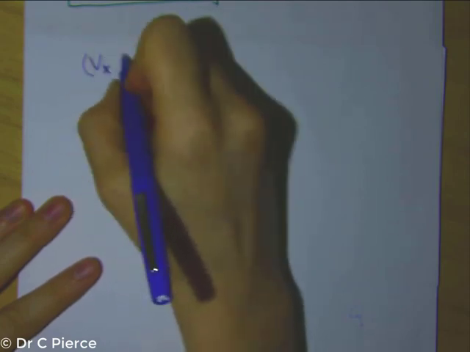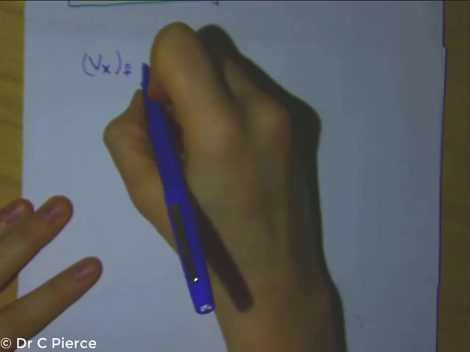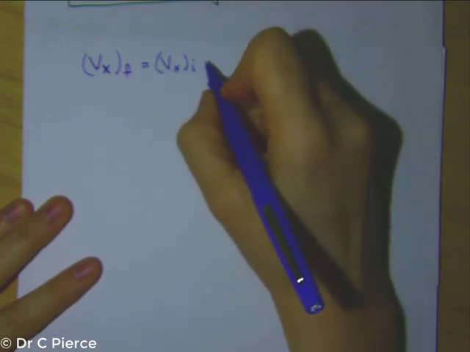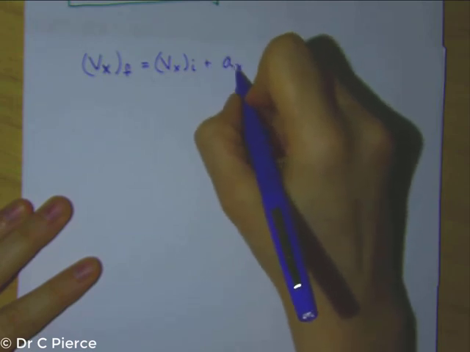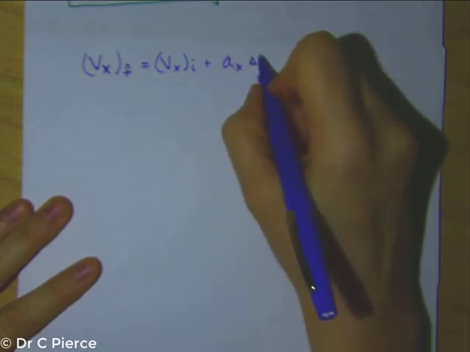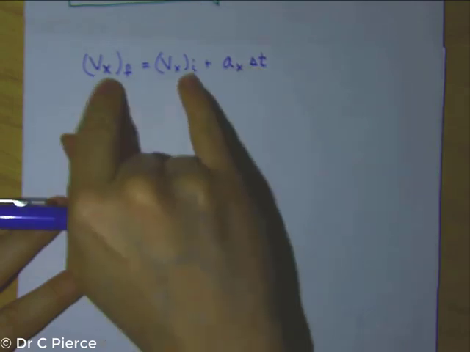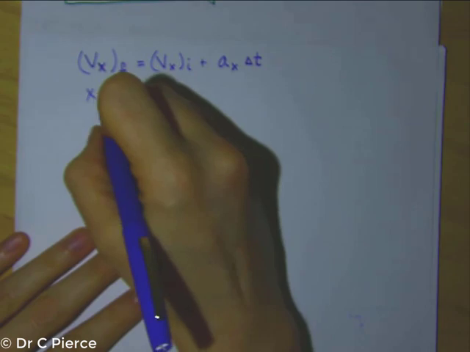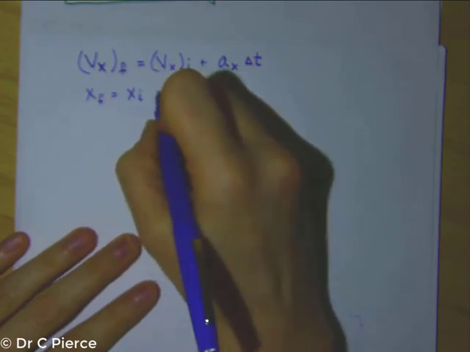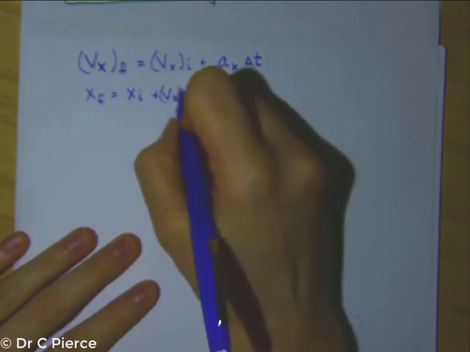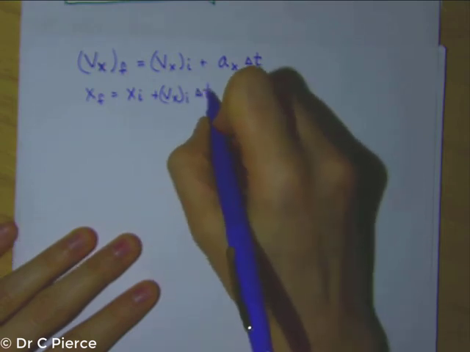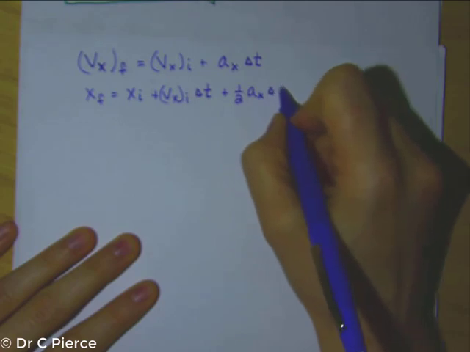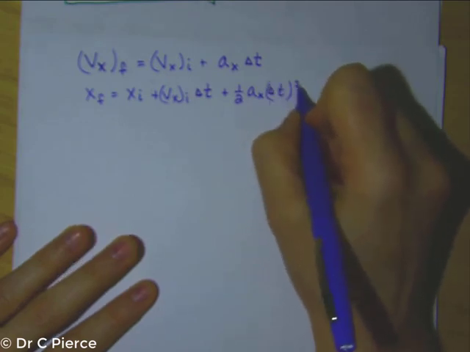So our book gives us Vx, the final value, is equal to Vx, the initial value, plus the acceleration value times the change in time, and the change in time is going to be between these values. The other equation the book gives us is xf is equal to xi plus vx, the initial value, delta t plus 1/2 ax delta t squared.